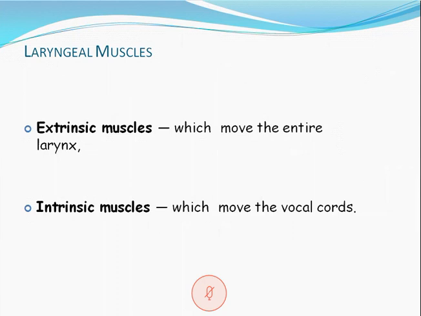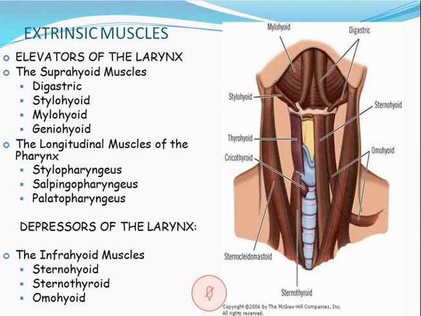The muscles of the larynx are divided into extrinsic muscles and intrinsic muscles. Extrinsic muscles move the entire larynx, intrinsic muscles move only the vocal cords. The elevators of the larynx are divided into suprahyoid and longitudinal muscles of the pharynx.